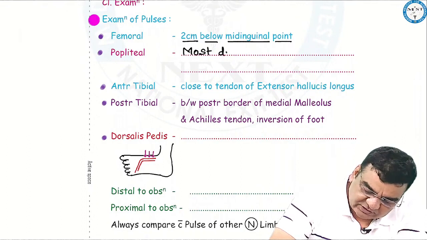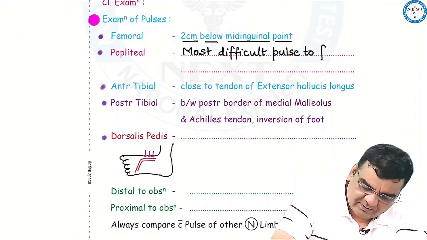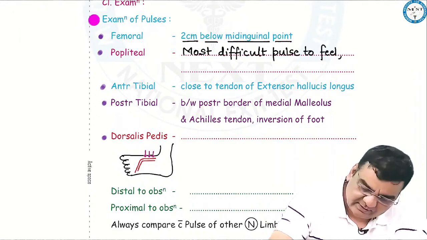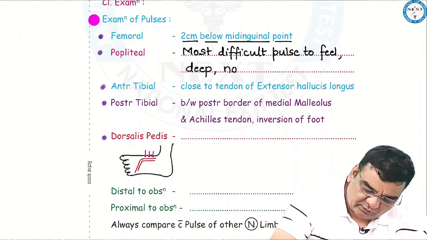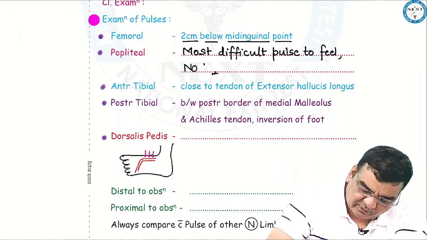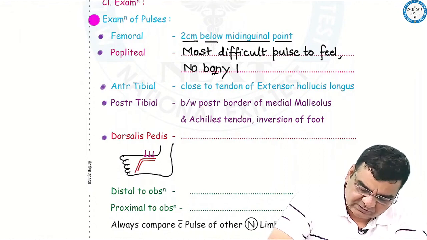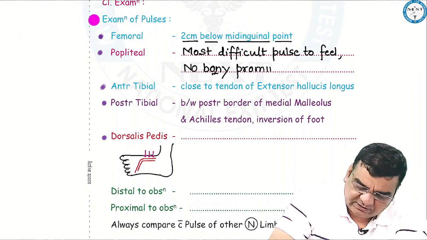Popliteal is the most difficult pulse to feel. Popliteal is deep. You write first this, there is no bony prominence near the popliteal.